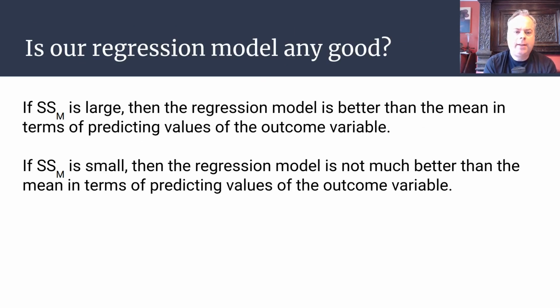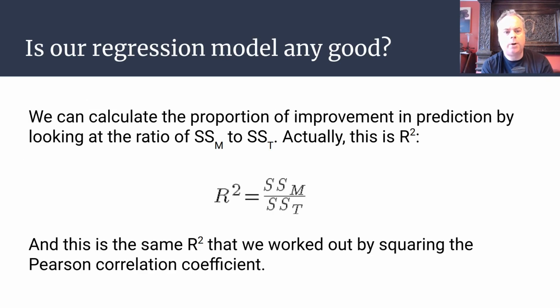If the sums of squares of a regression model is large, then the regression model is better than the mean in terms of predicting values of the outcome variable. But if the sums of squares of our regression model is small, then the regression model is not much better than the mean in terms of predicting values of our outcome variable. And we can actually formalize this.